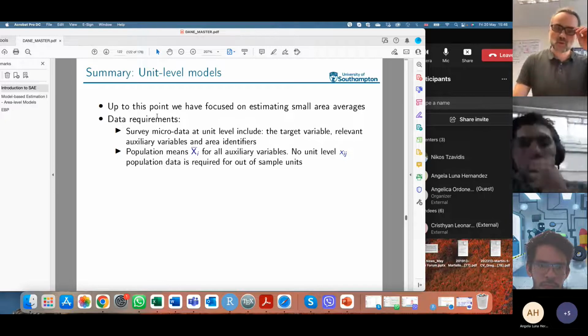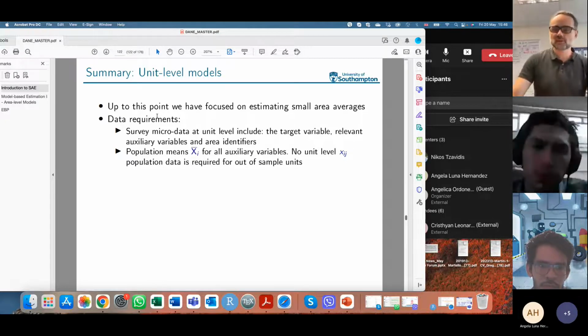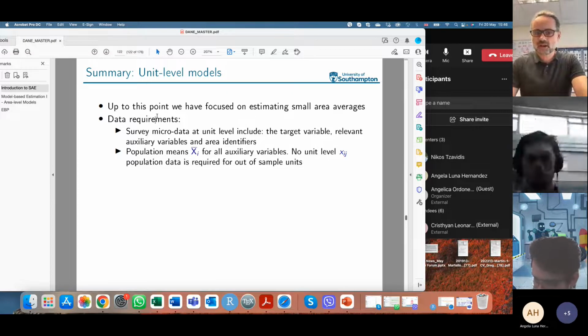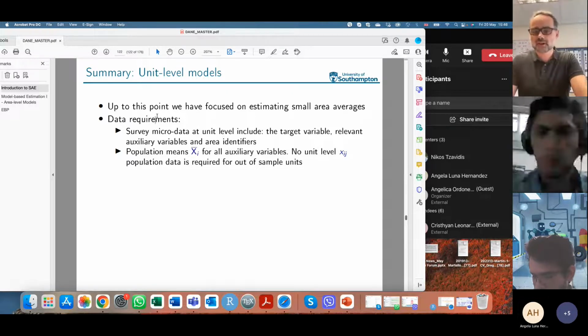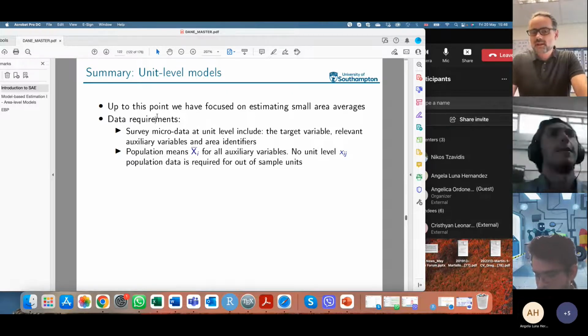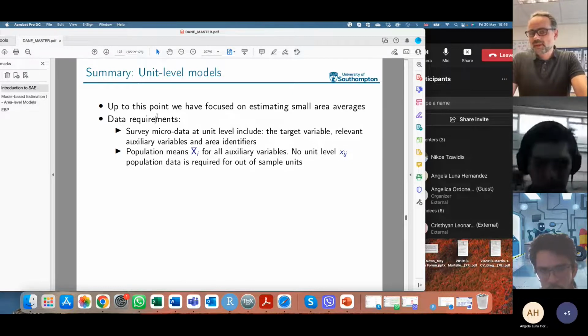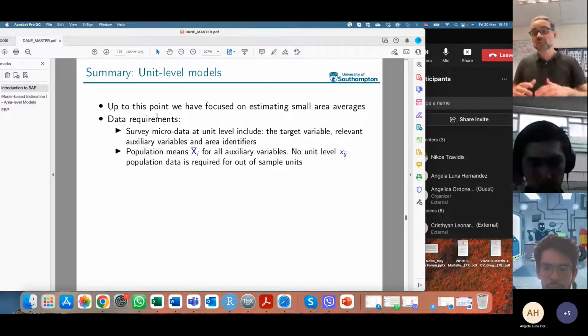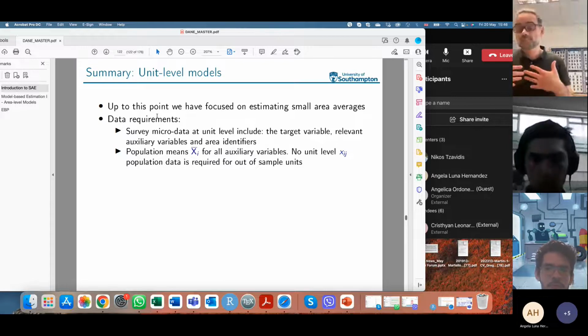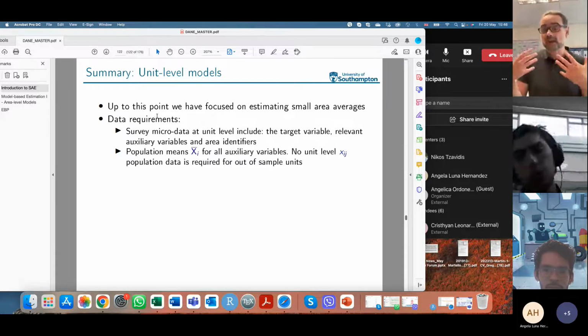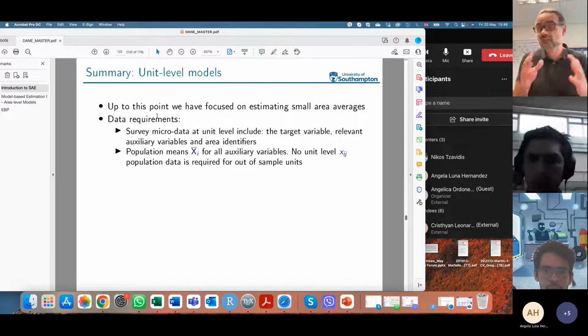The second thing that you want is population means, denoted by X capital, for all the auxiliary variables. Whether they come from population means, census data or admin data, these X's are also assumed to be measuring the same variable, the same concept, as in the survey data.